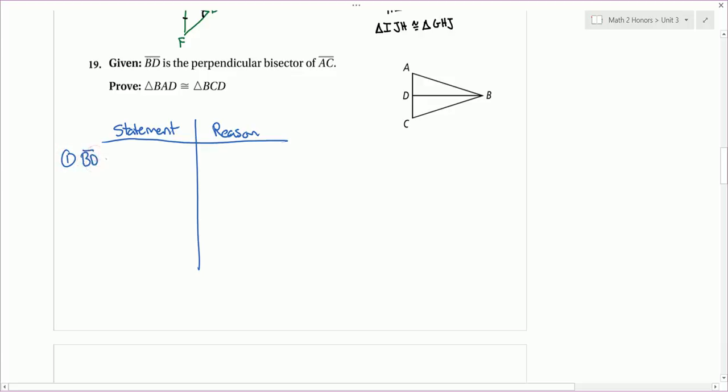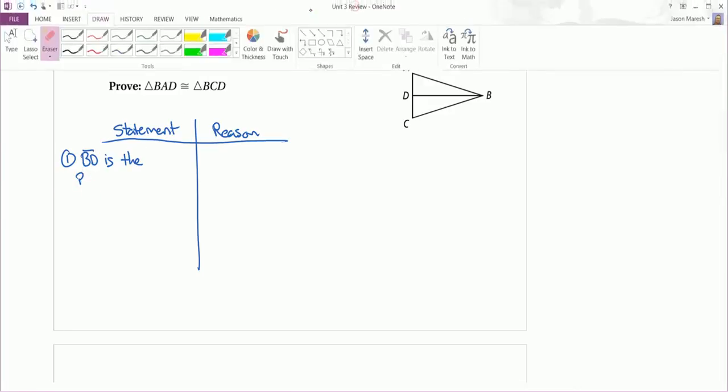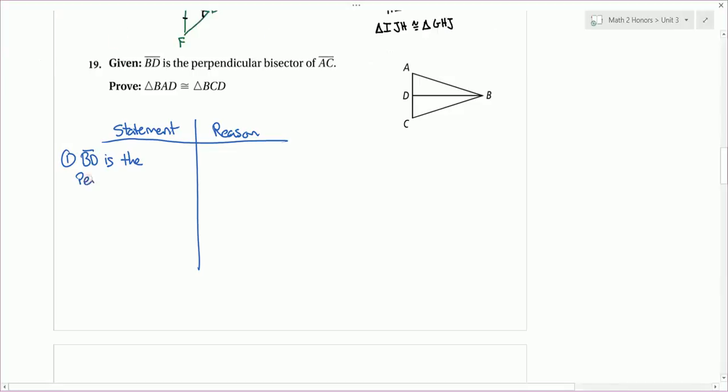BD is the perpendicular bisector of AC. The reason we're writing that down is it's given to us.